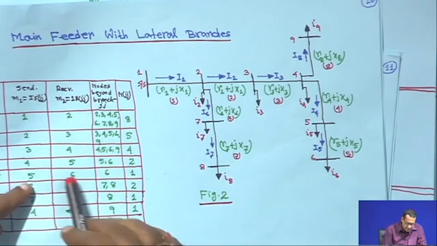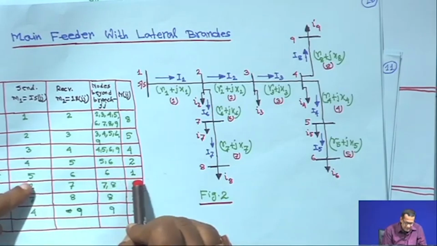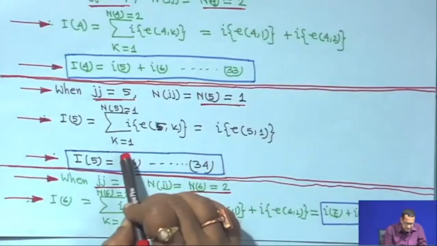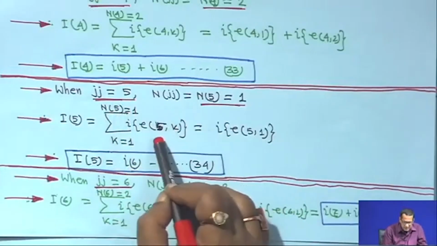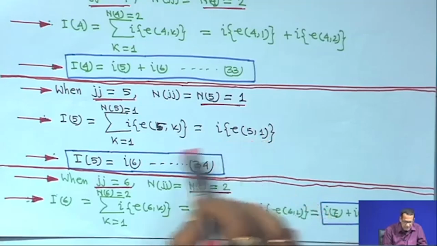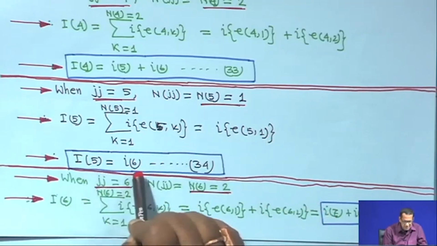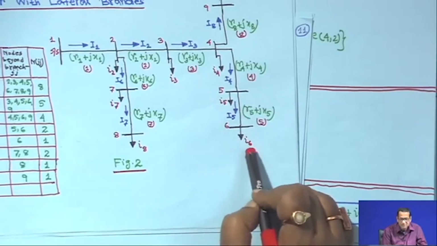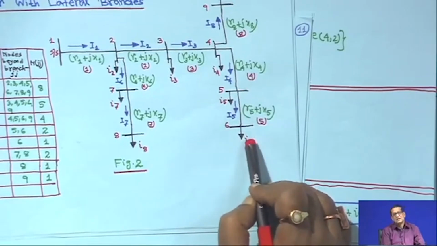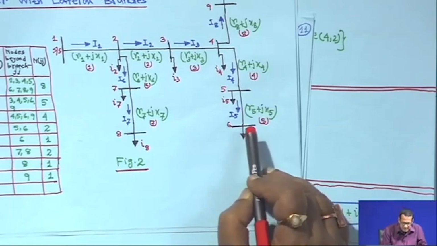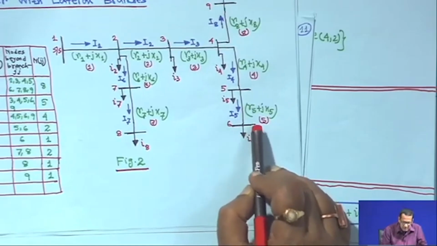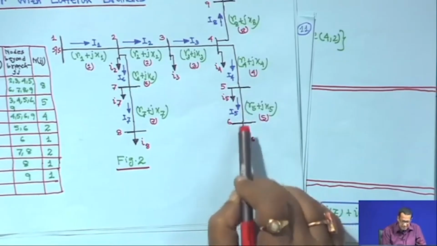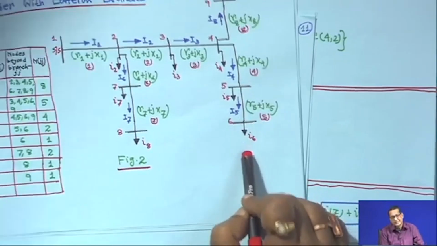So, n 5 is equal to 1, therefore k is equal to 1, I e 5 1. So, I 5 is equal to I 6. This is the branch current, and the same current is going to the load, because this is the last branch of these lateral branches, right. That is why I 5 is equal to I 6.